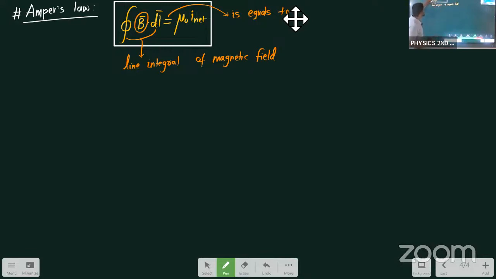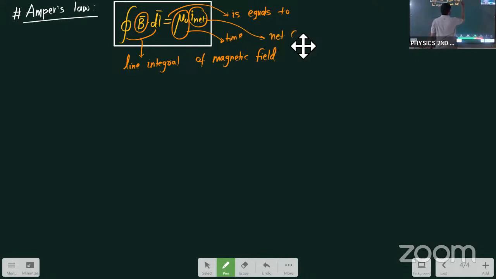This is the line integral of the magnetic field, and this is the symbol for equals to. And it is equal to mu naught times I net, where I net represents the net current enclosed. So this is the statement for Ampere's law.